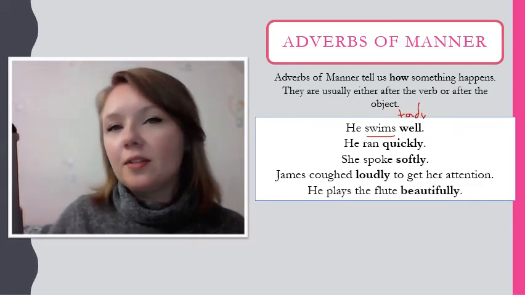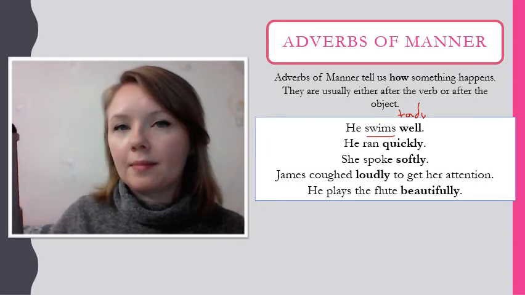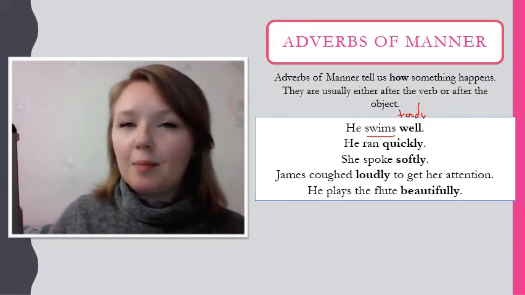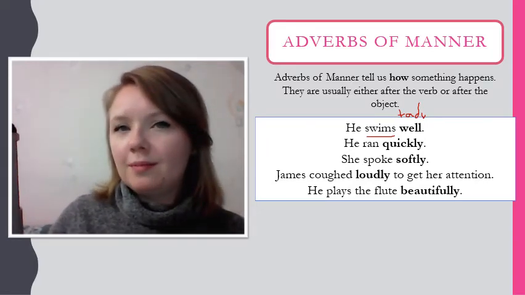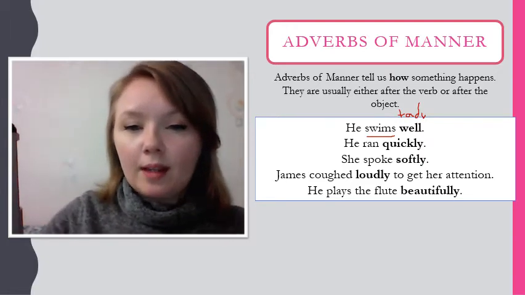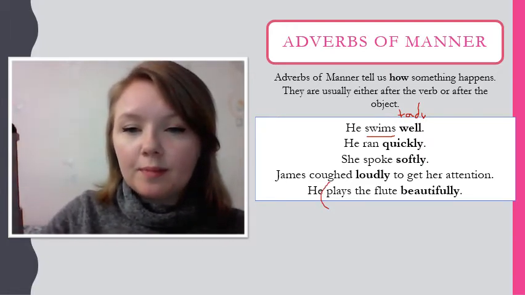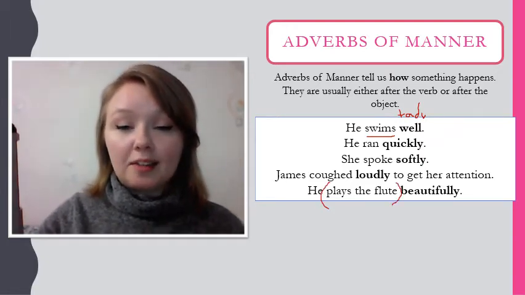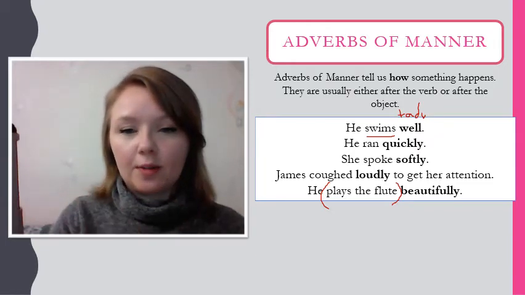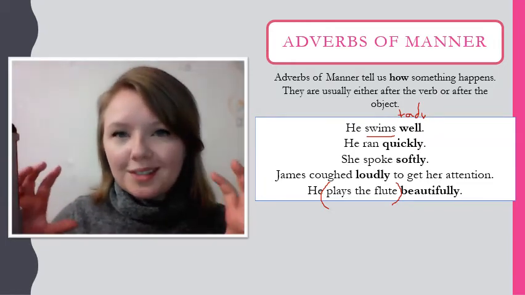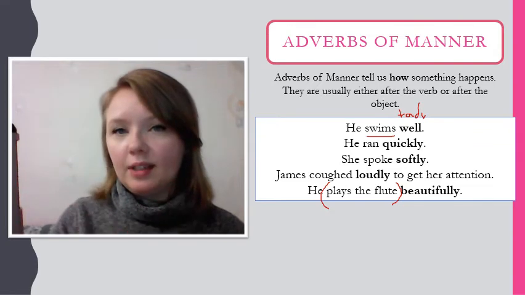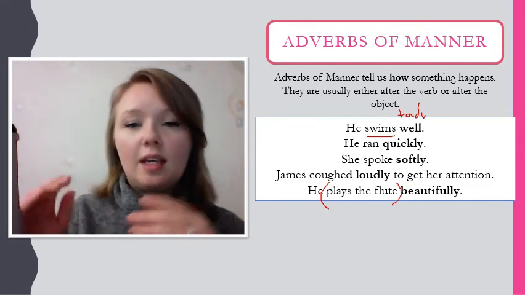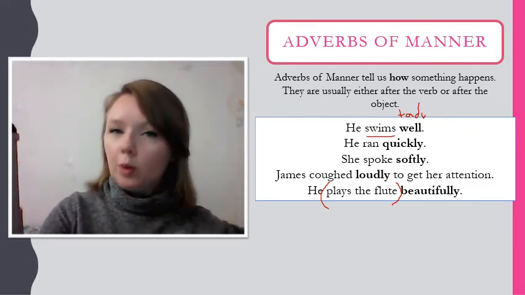So what about this sentence? He plays the flute beautifully. We would not say he plays beautifully the flute. Why? Plays the flute is something called a clause. So it all belongs together. And we would want to keep the meaning of this sentence together. He does something beautifully.